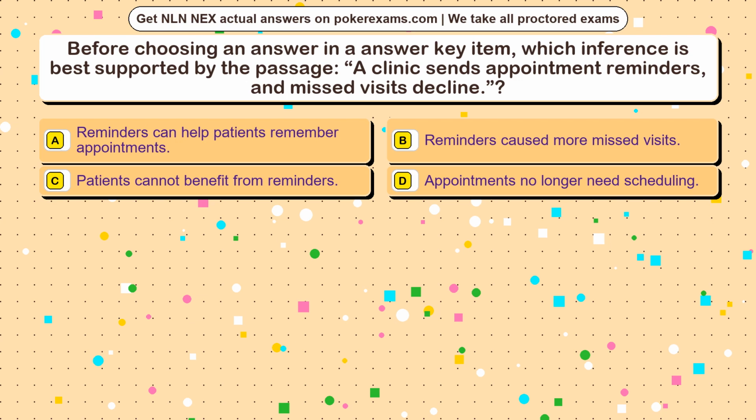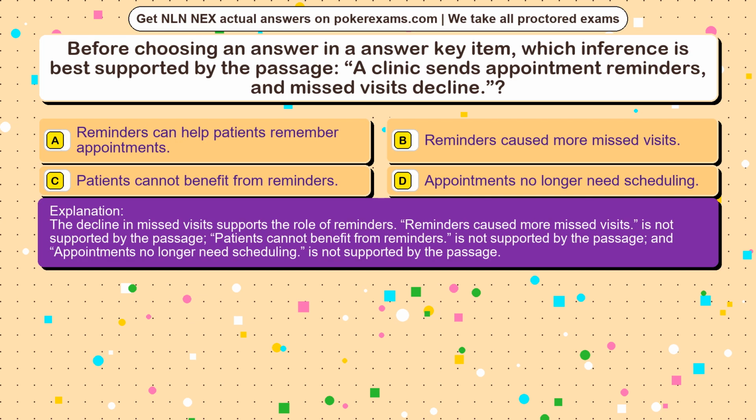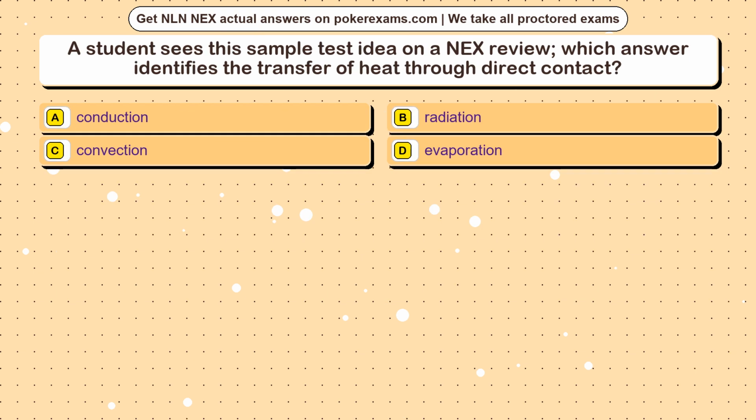The correct answer is option A. The decline in missed visits supports the role of reminders. Reminders caused more missed visits is not supported by the passage. Patients cannot benefit from reminders is not supported by the passage, and appointments no longer need scheduling is not supported by the passage.